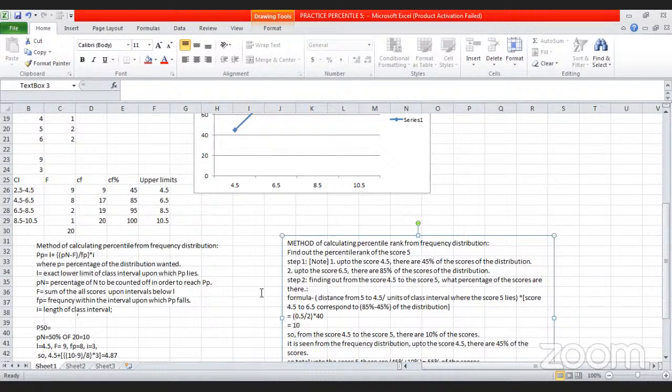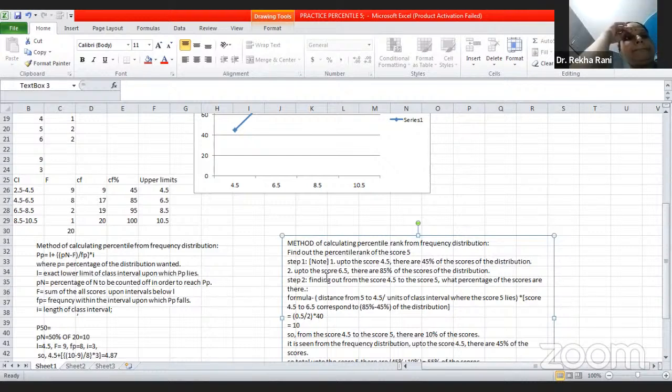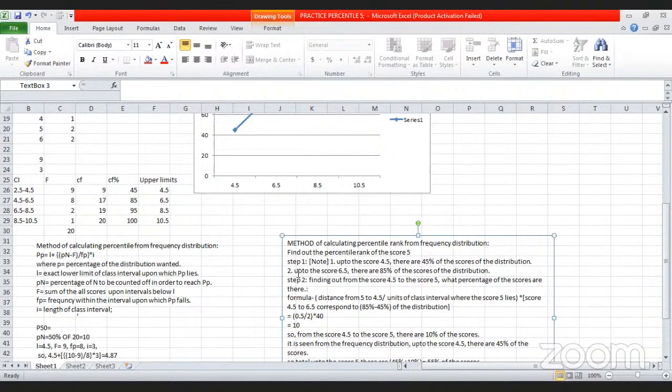Isn't it? Yes. So for that reason, step one is just noting that up to the score 4.5, there are 45% of the scores, and up to the score 6.5, there are 85% of the scores. Step two is finding out, from the score 4.5 to the score 5, what percentage of the scores are there. So what is the formula?